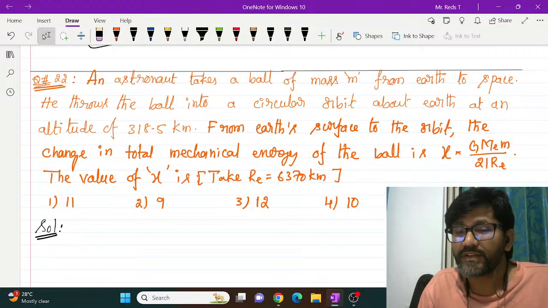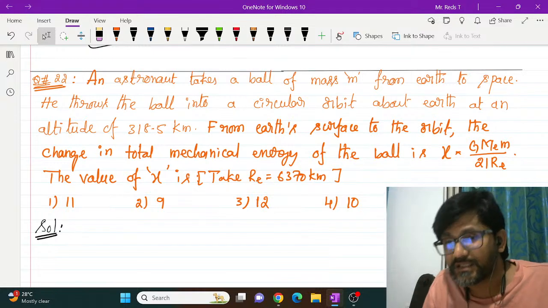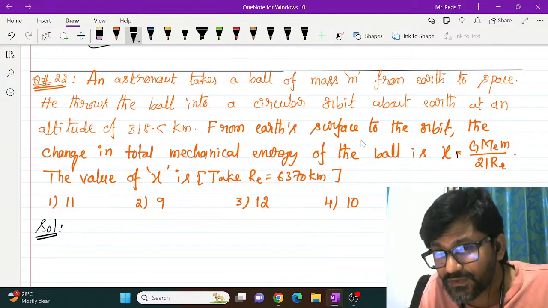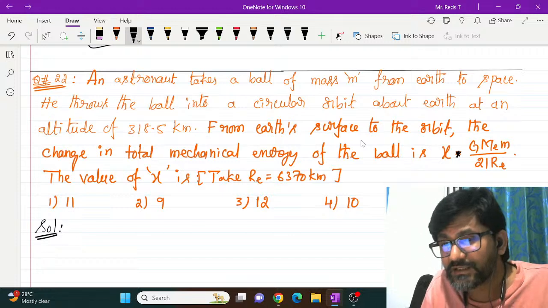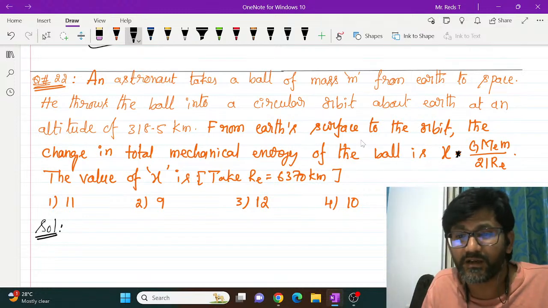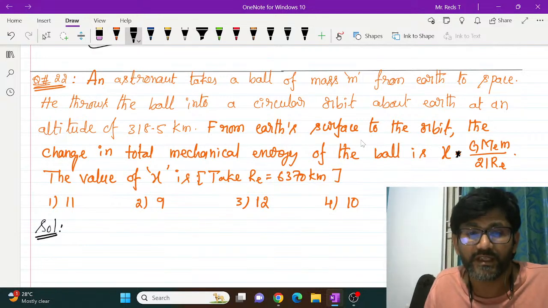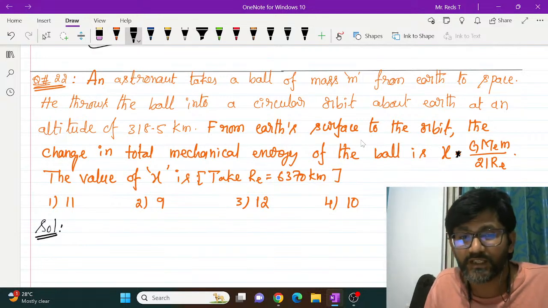From Earth's surface to the orbit, the change in total mechanical energy of the ball is x into capital G capital M into small m by 21 R, where capital M is mass of Earth and capital R_E is radius of Earth. Then what is the value of x?